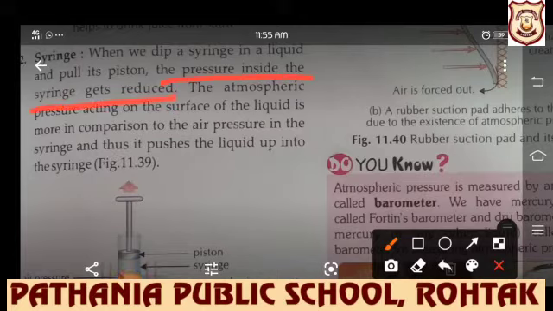The atmospheric pressure acting on the surface of the liquid is more in comparison to the air pressure in the syringe. Thus it pushes the liquid up into the syringe.